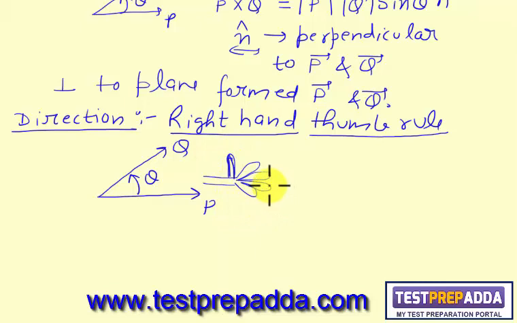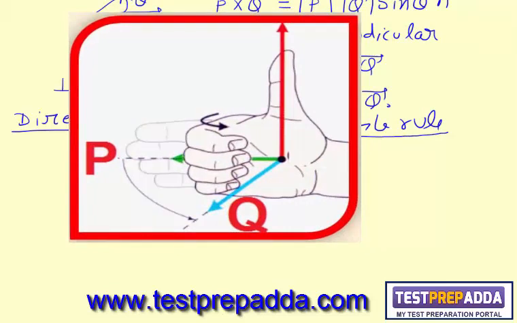Now you can see the fingers are along the vector P. Now close your fingers in such a manner the fingers will move towards Q. Fingers will move towards Q. And your thumb, you can see in this case, is above the plane.